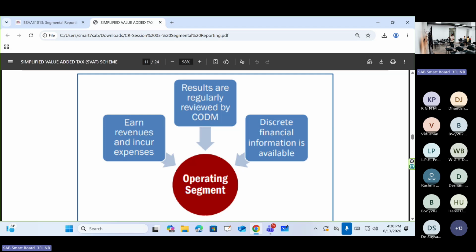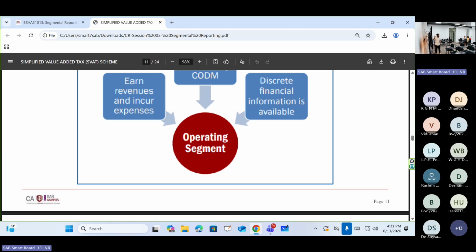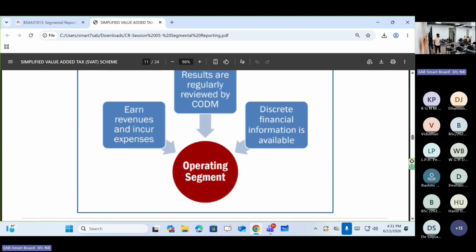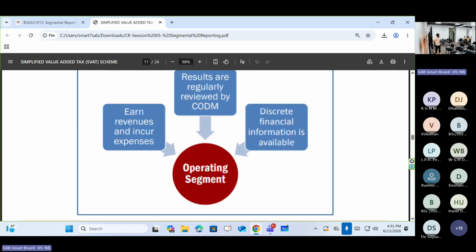It will be under these 3 areas. Definitely a segmental reporting question will be there. You can easily attempt it. If you score on earnings per share and segmental reporting, you have already earned 20 marks.